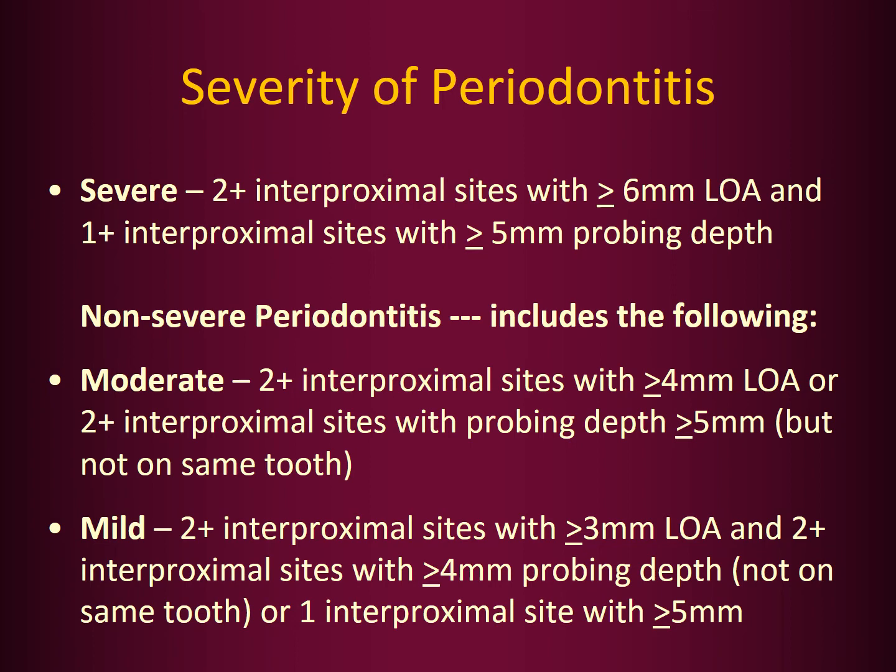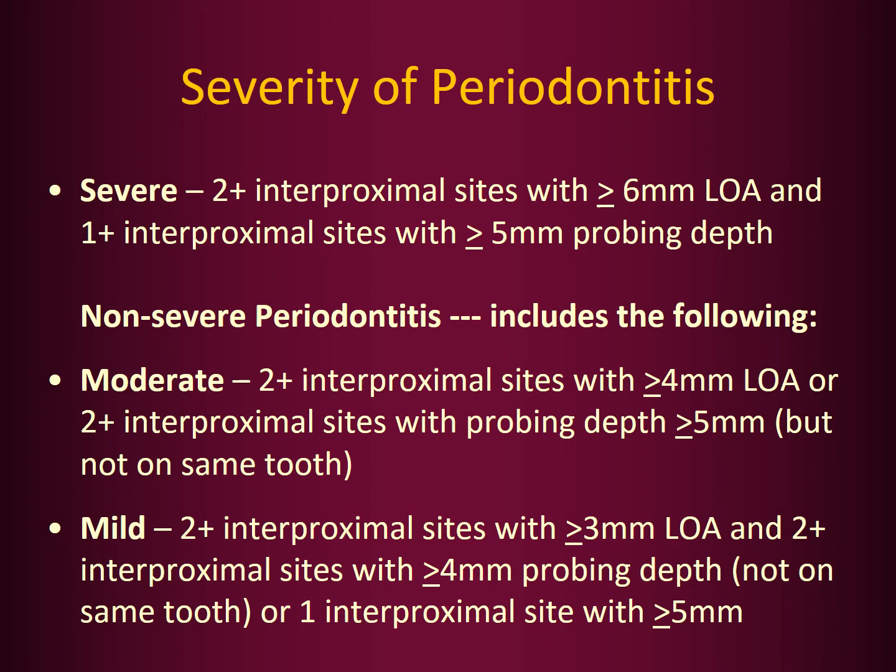Moderate was considered 2+ interproximal sites with greater than or equal to 4 millimeters loss of attachment, or 2+ interproximal sites with probing depths of greater than or equal to 5 millimeters, but not on the same tooth. And mild was considered 2+ interproximal sites with greater than or equal to 3 millimeters loss of attachment and 2 interproximal sites with greater than or equal to 4 millimeter probing depth, not on the same tooth, of course, or 1 site with greater than or equal to 5 millimeters.